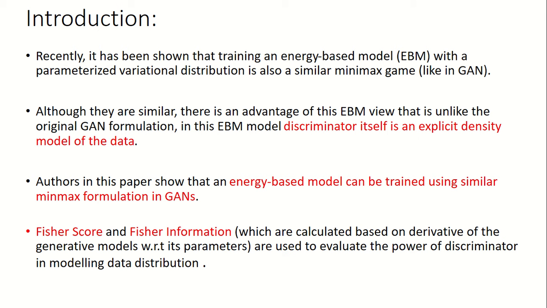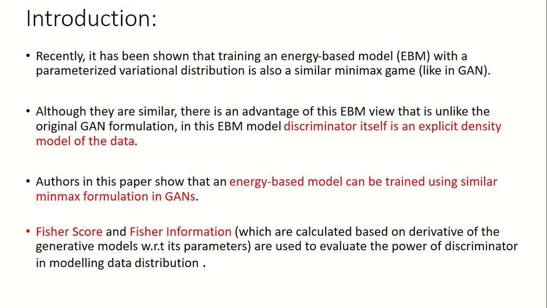Then they employ Fisher score and Fisher information theory, which are calculated based on the derivative of your generative model with respect to its parameters, to evaluate how this discriminator is learning and modeling data distribution.